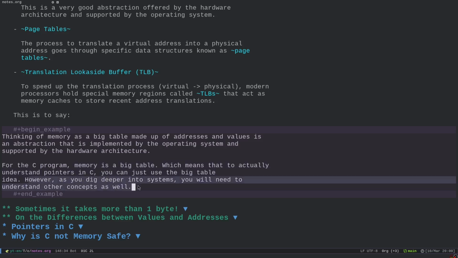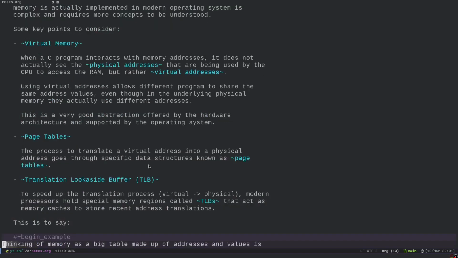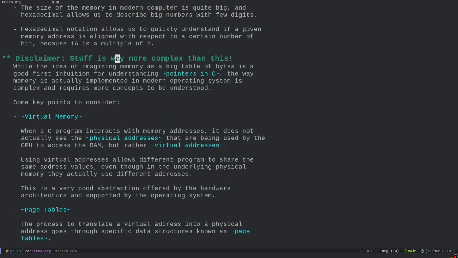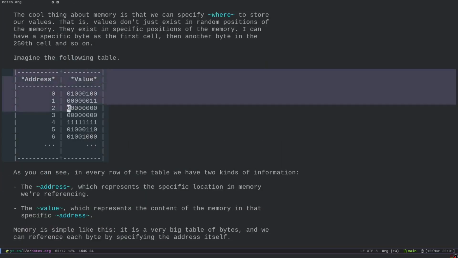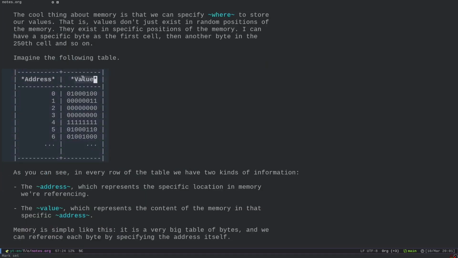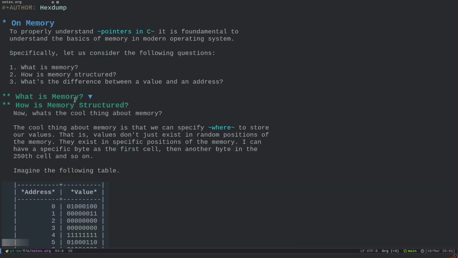However, as you dig deeper into systems, of course, you will need to understand other concepts as well. As I said, it's not this simple, but this is a good introduction to understand how pointers work in the C programming language. You can just consider memory as this kind of image, addresses and values. But in reality, things are not this simple, so keep that in mind for the future.